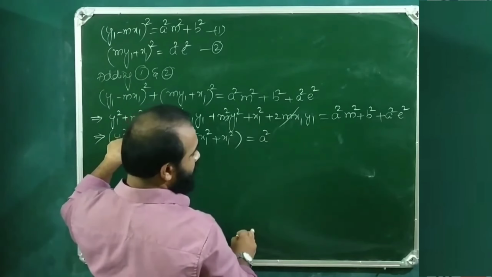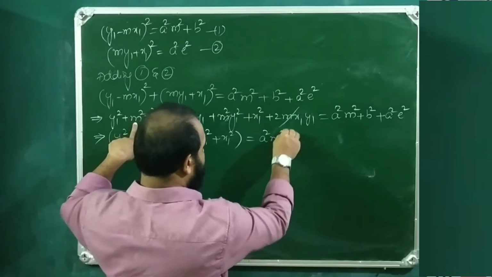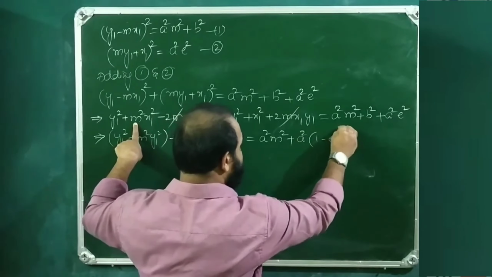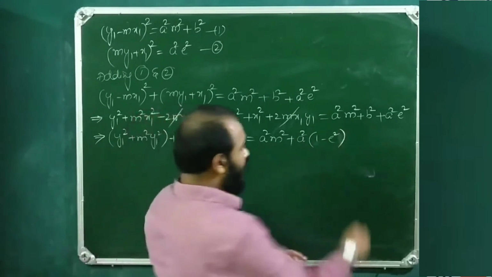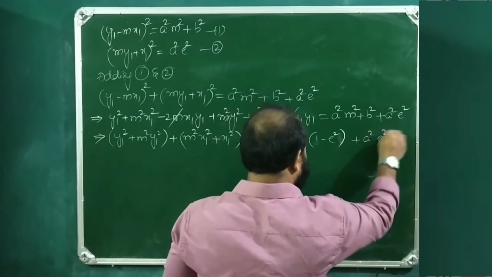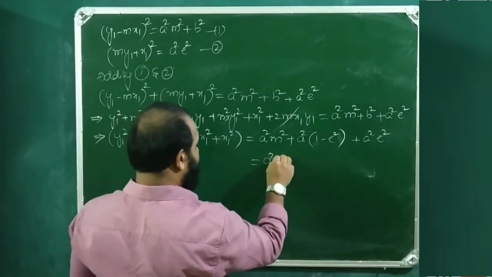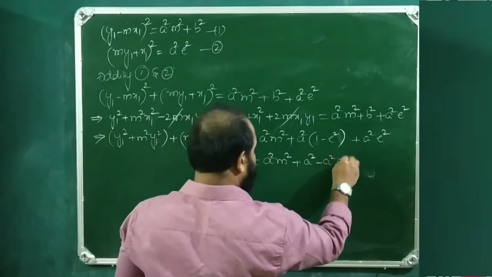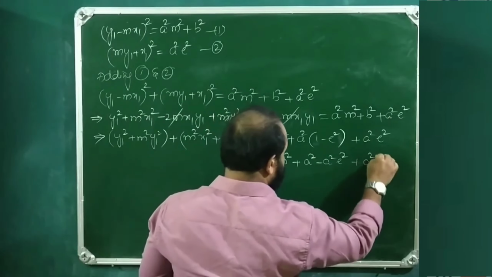The right side, a square m square plus b square, can be written as a square m square plus a square into (1 minus e square), plus a square e square. This is a square m square plus a square minus a square e square plus a square e square.